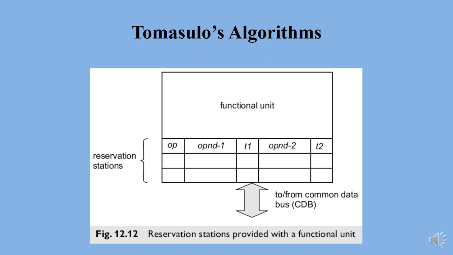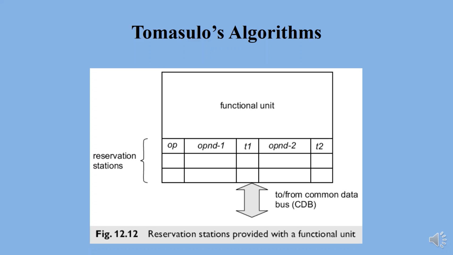Therefore, each functional unit can initiate one operation in every clock cycle, provided, of course, that a reservation station of the unit is ready with the required input operand value or values. Note that the exact depth of this functional unit pipeline does not concern us for the present.